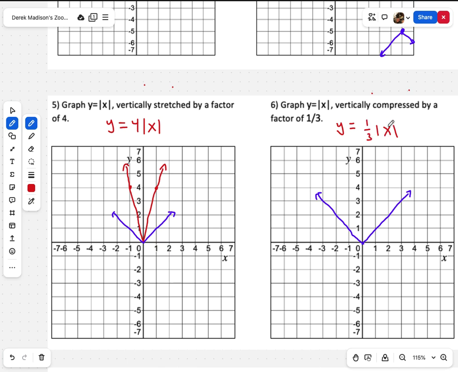If I put in 1, it's 1/3 of 1, and 1/3 is hard to graph. But if I put in 3, 1/3 of 3 would be 1, and that's actually really easy to graph. So if you have a fraction like that, put in the value of the denominator so that it comes out to a nice, clean, easy number for graphing. You can also think of this as having a slope of 1/3 and then negative 1/3 on this side. Either one of those versions works well.